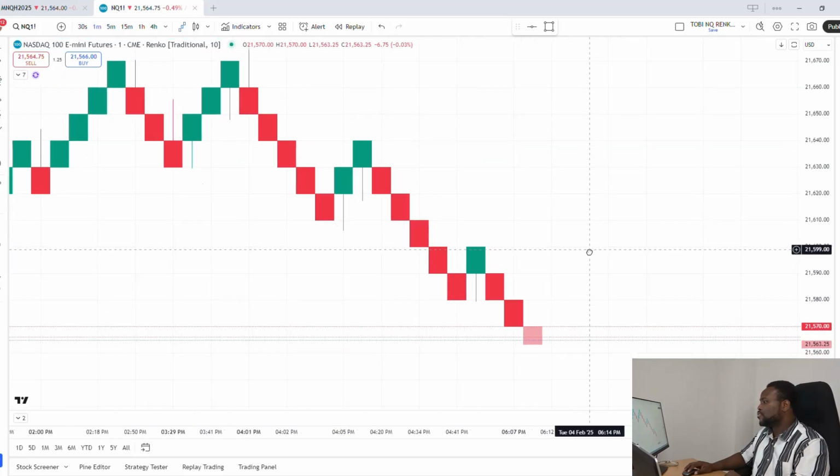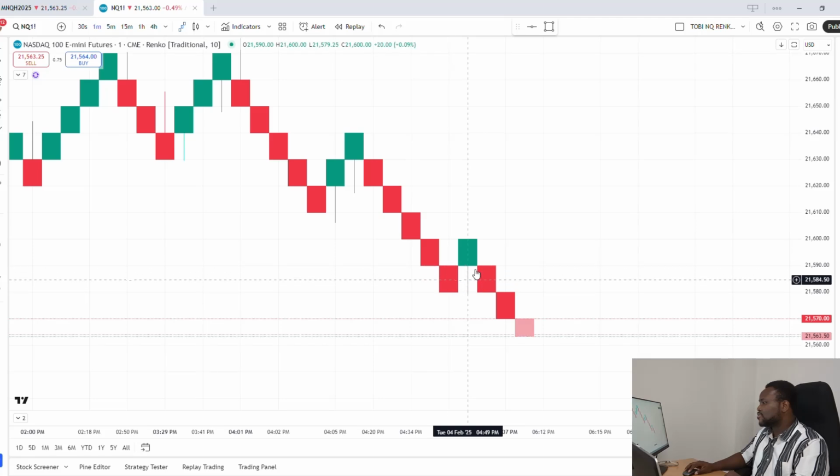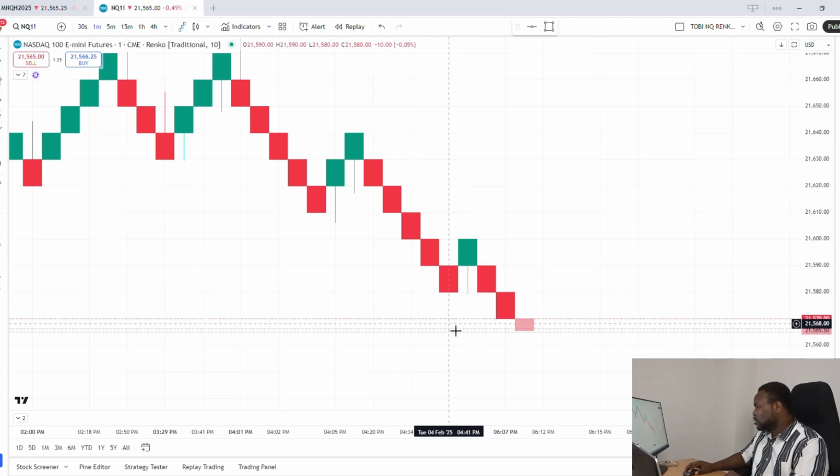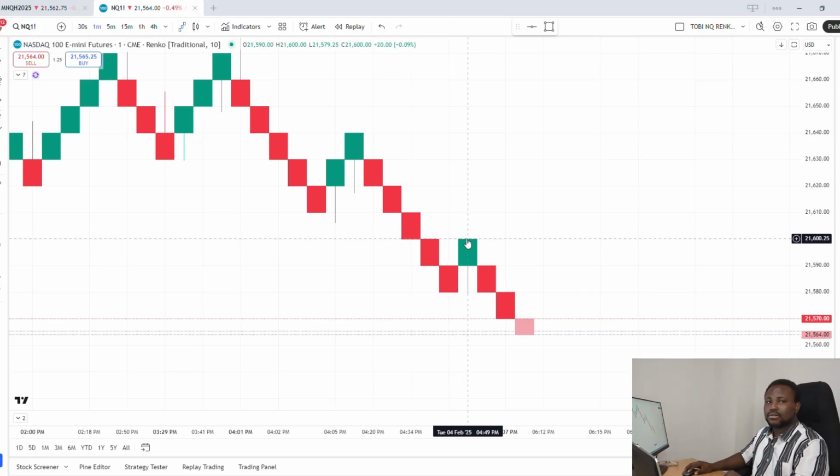For example, if we look at this one right here, it pulled one more in the downward direction of 10 points or more, but it never solidified within a minute. It pulled right back up and went to solidify up here. So that's what that means.